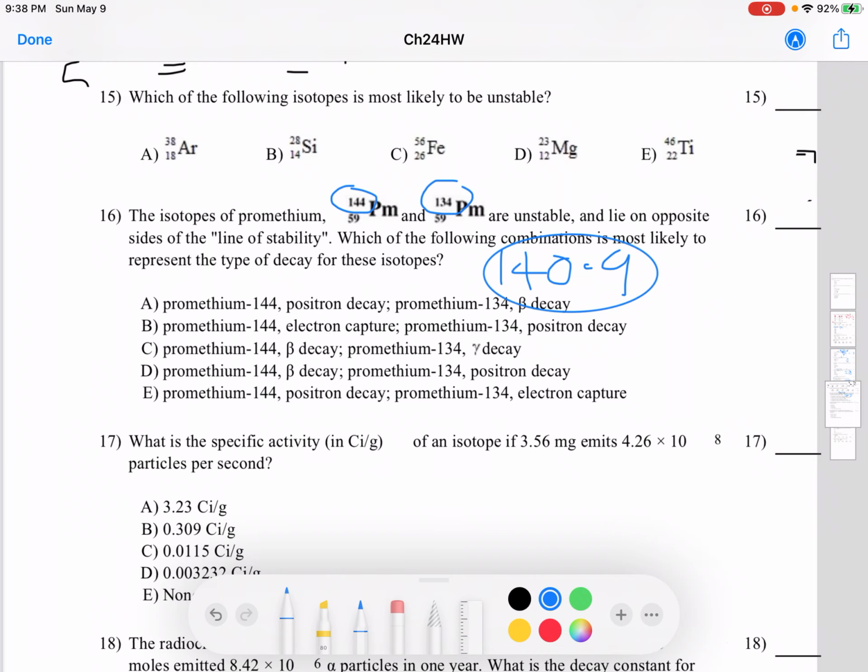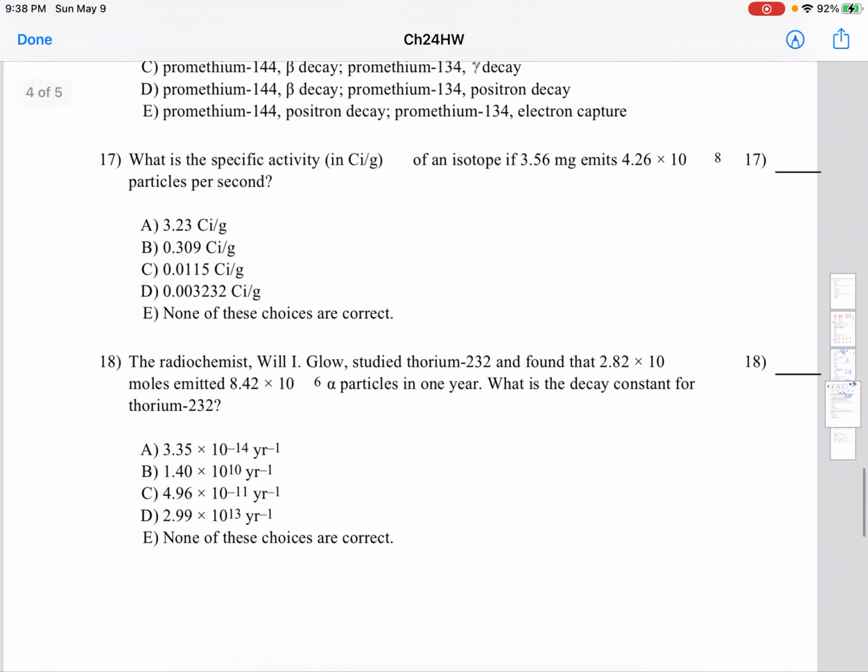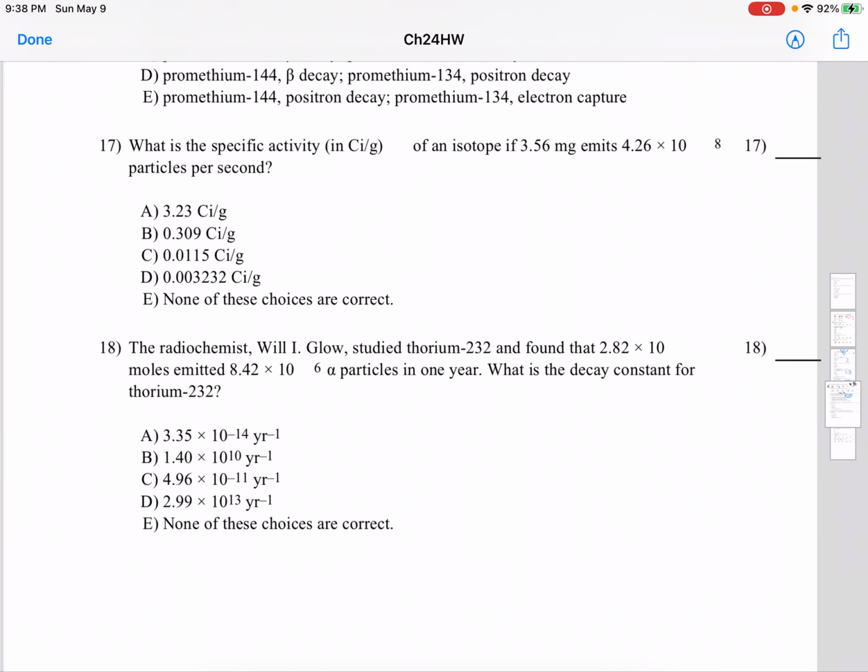And number 17, what is the specific activity in Ci per gram of an isotope if 3.56 milligrams emits 4.26 times 10 to the 8 particles per second? So I will show you how to do this one.